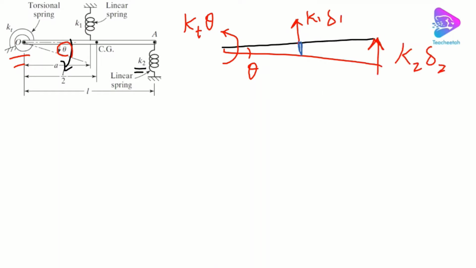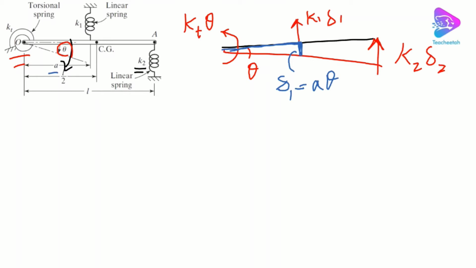So this is the deflection based on a small angle of theta, and if you look at it closely, this is nearly equal to this length times theta. In fact, it is this length times the sine or tan theta. However, for a small angle of rotation, which is the assumption for this problem, we can suppose that delta 1 is equal to A theta, right?